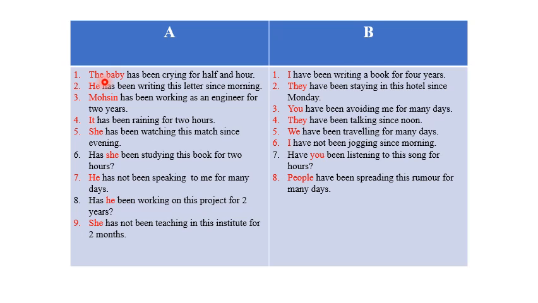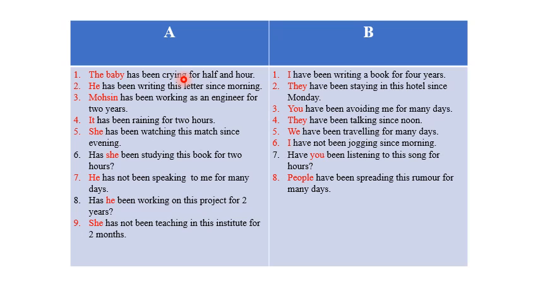The baby has been crying for half an hour. The baby, because it is a singular subject, would take has, and after that we would add been, then the first form of the verb with ing.